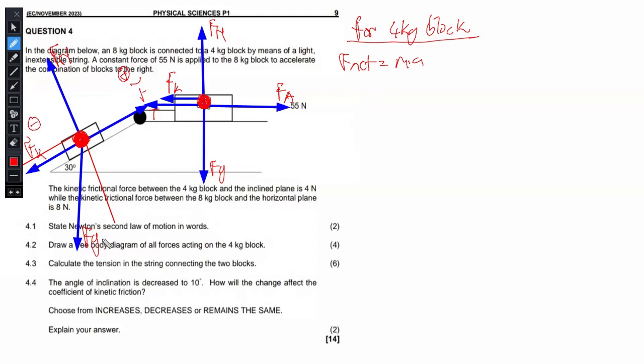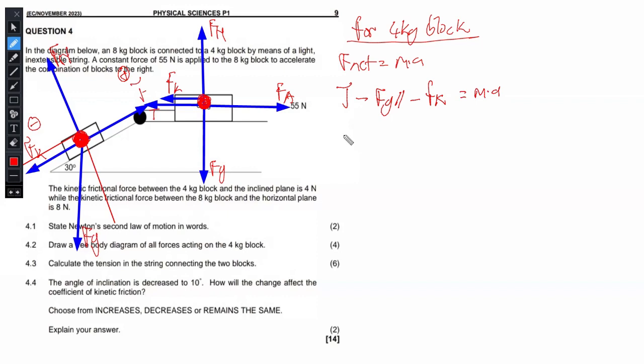The positive direction is always the direction of motion, and the negative direction is the opposite direction to the motion. So this would be tension minus your Fg parallel, and then minus Fk. So it's always the positive forces minus all the forces on the negative side, and that is equal to ma.